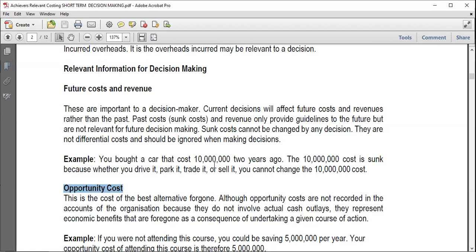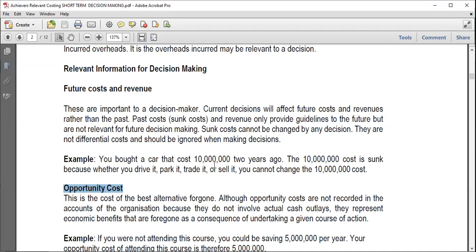Now, if today, for example, I will still use the same example, a client is saying, supply to me 300 cakes at 40,000, and that supply itself is going to affect your production of other products.